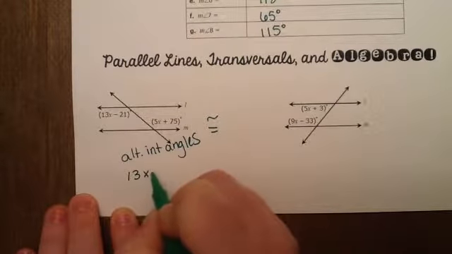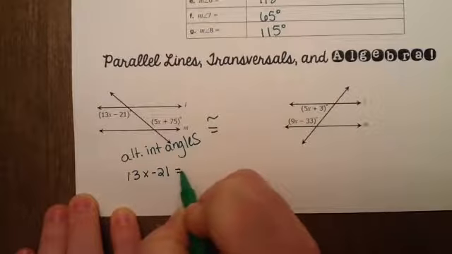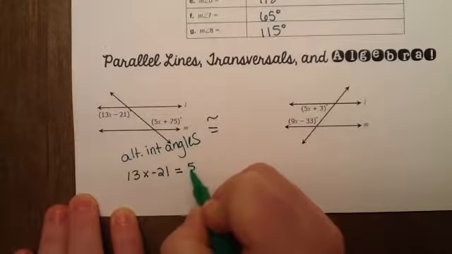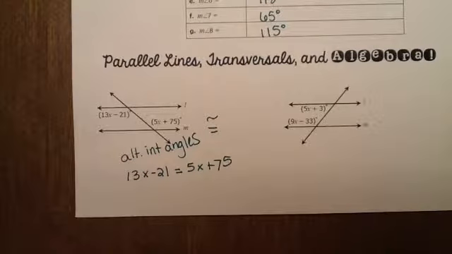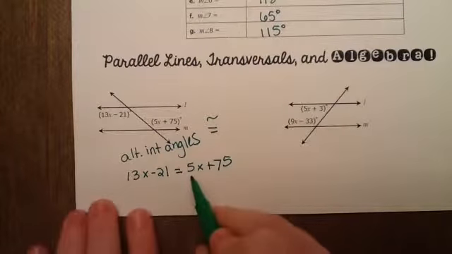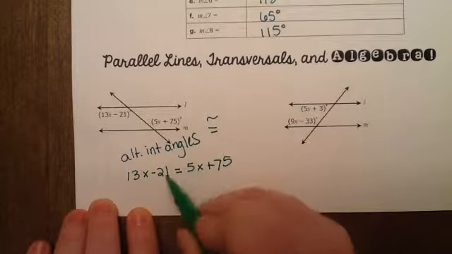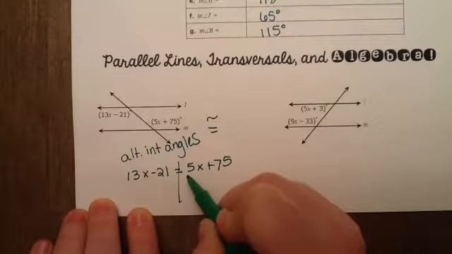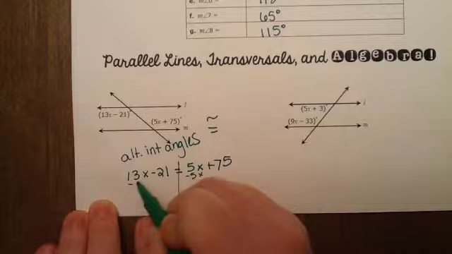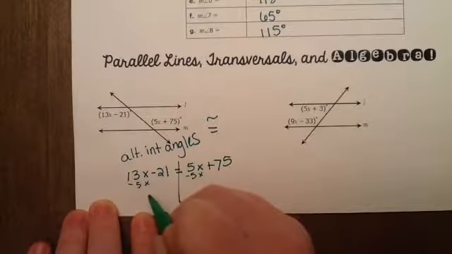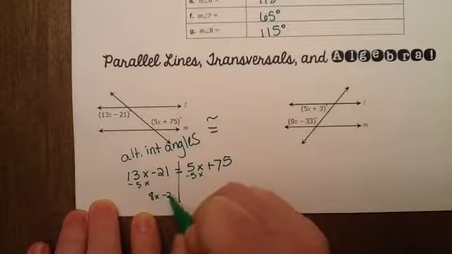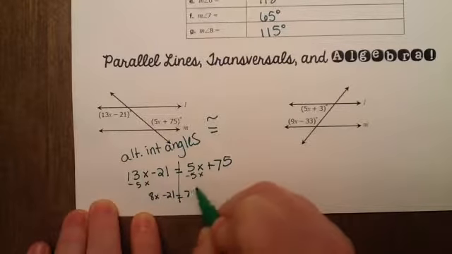So I need to set these two equal to each other. 13x minus 21 equals 5x plus 75. We have x on both sides. Get them on the same side. So minus 5x minus 5x. 8x minus 21 equals 75.